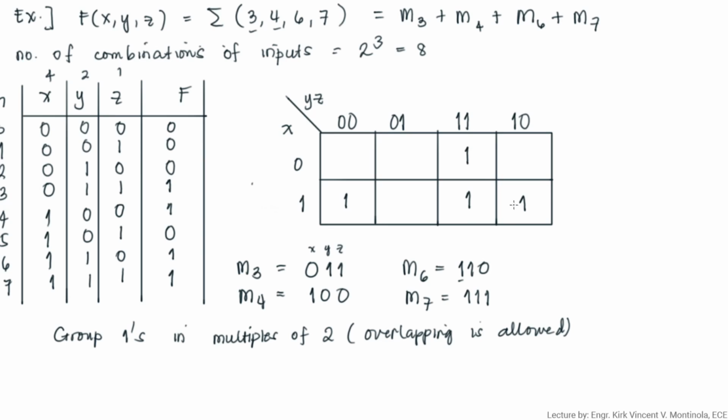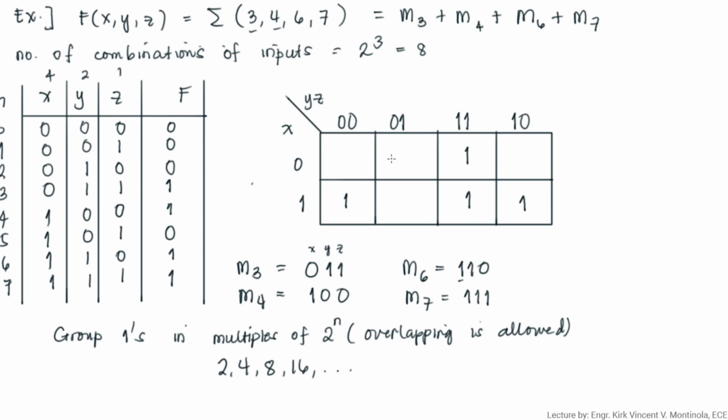It means we'll be grouping ones or logic 1 by 2s, by 4s, by 8s. So you should not be grouping it by 6 and so on. So that should be the combination of 2 raised to n. Okay, so you should be having 2 only, then 4, and then you should be having also 8 and then 16. So that would be 2, then 4, then 8, then 16, then so on. So that should be the groupings of 1.